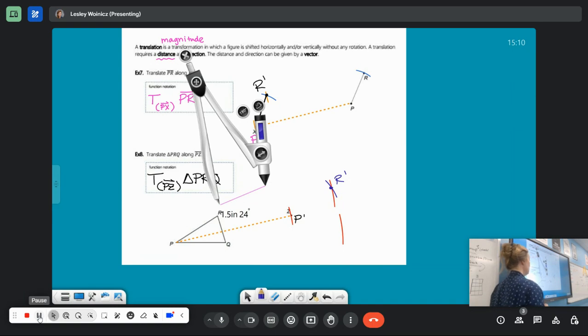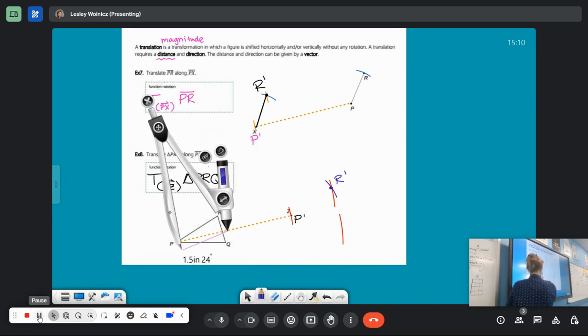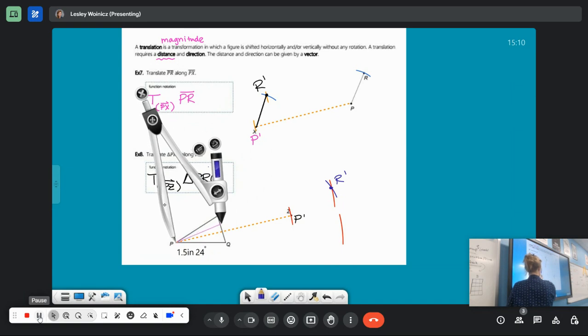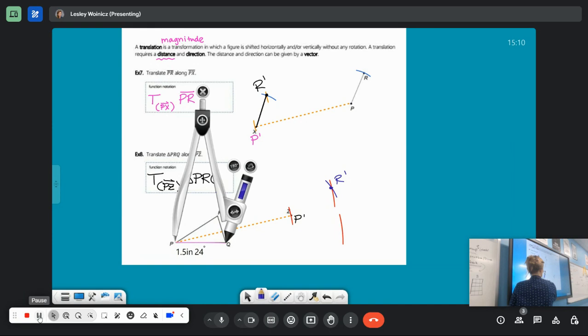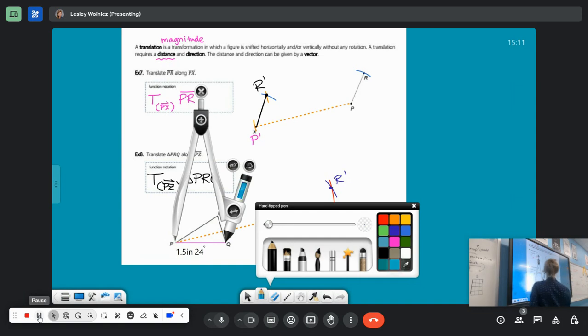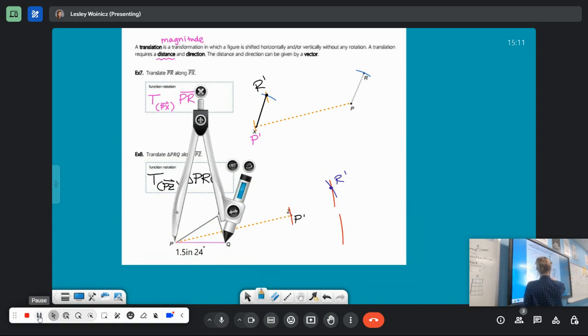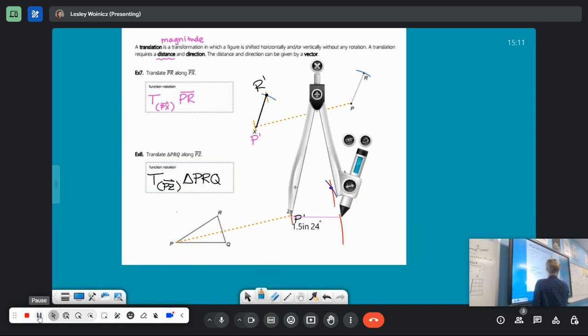Okay, now I need to measure the distance with my compass from P to Q. So metal tip back on P, measuring P to Q. Copying the distance from P to Q, starting at P prime.